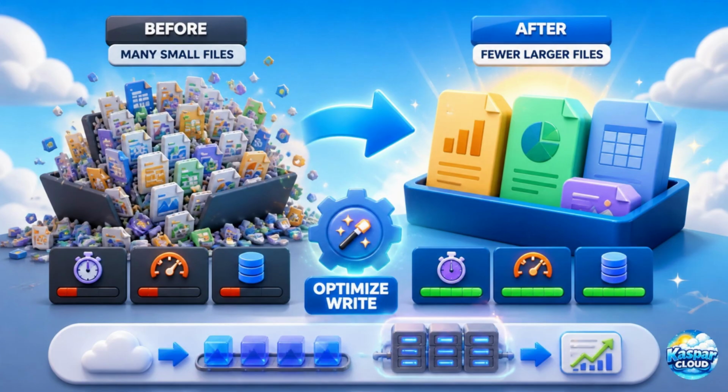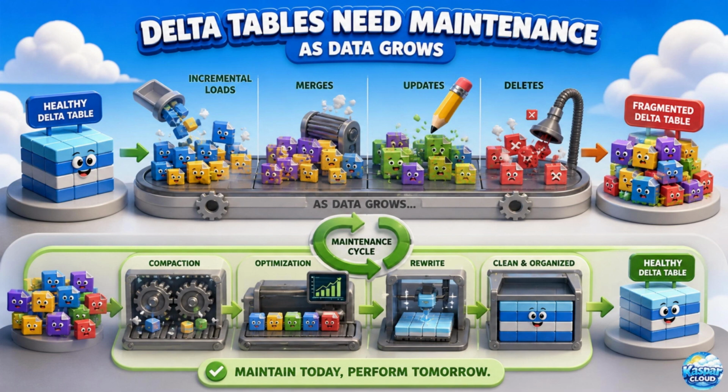Even with automatic optimization enabled, teams should continue monitoring file counts and table sizes because automated features do not replace proper engineering oversight. Delta table maintenance becomes increasingly important as data volumes grow. Frequent incremental loads, merges, updates, and deletes can gradually create fragmented files and inefficient table layouts.